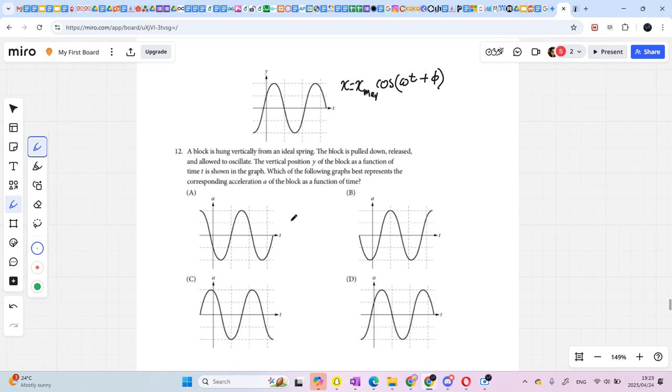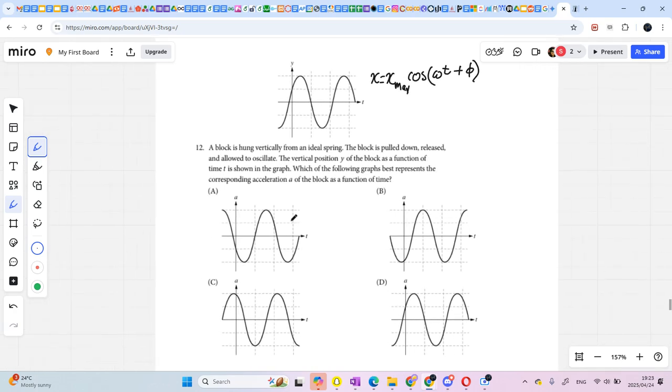So for here we have y, so we can just switch out the x's for y's in this formula. This y is a function of time, so I can write this as y of t.